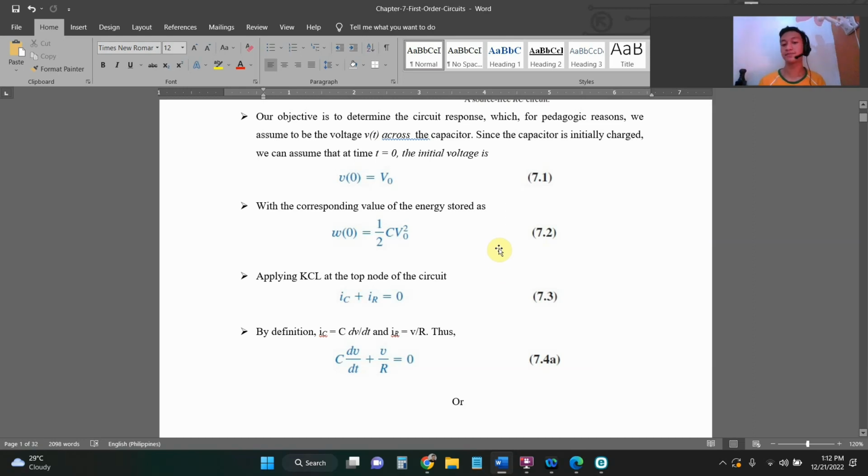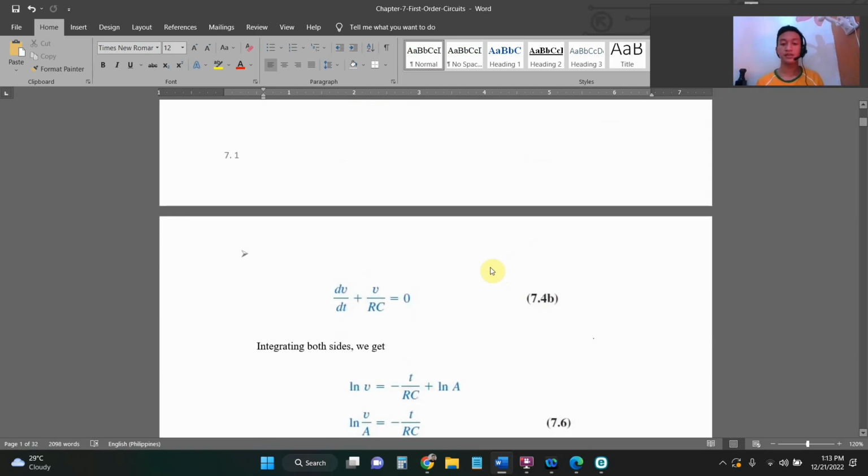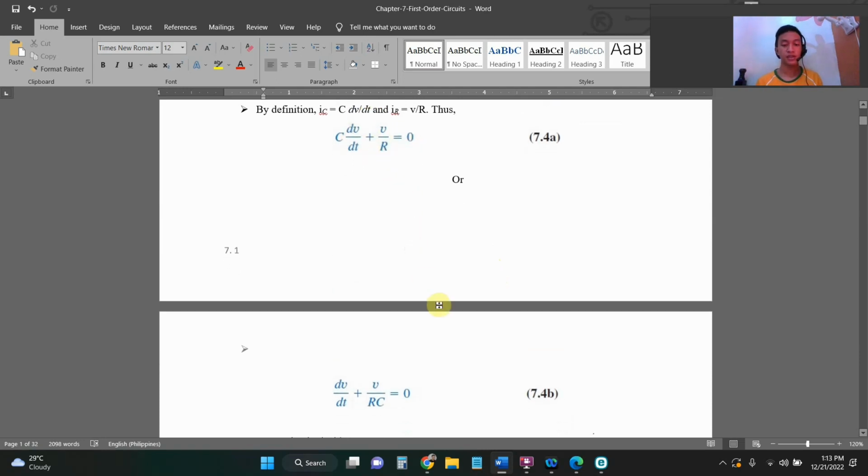By definition, i sub C equals C dv/dt, and i sub R equals v over R. Thus C dv/dt plus v over R equals 0. Cross multiplying, we have dv/dt plus v over RC equals 0.